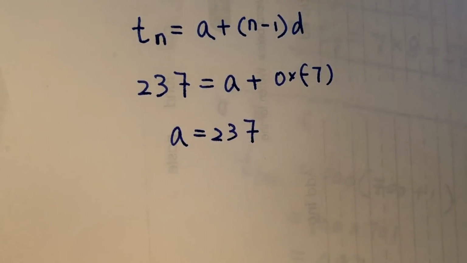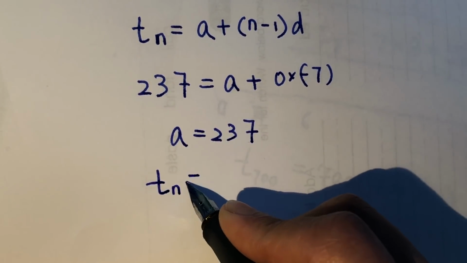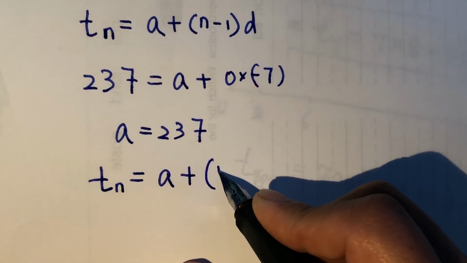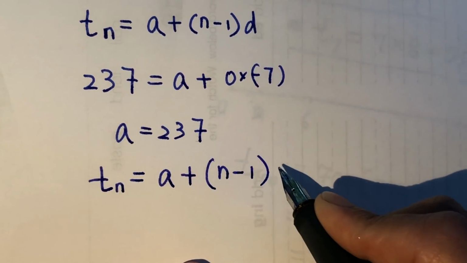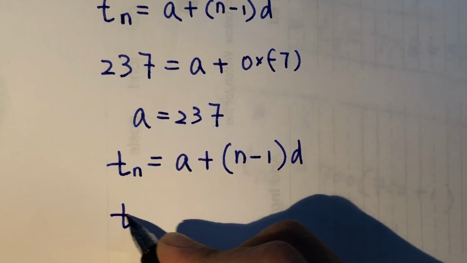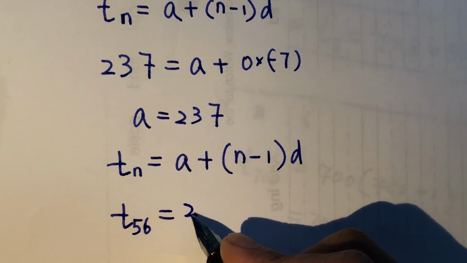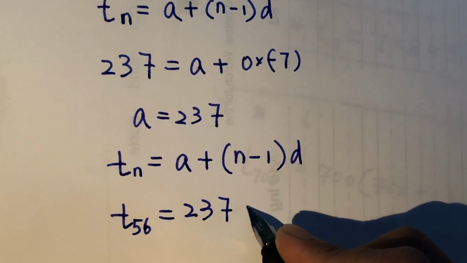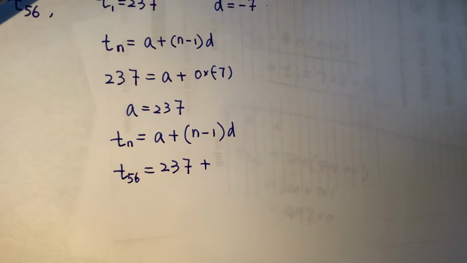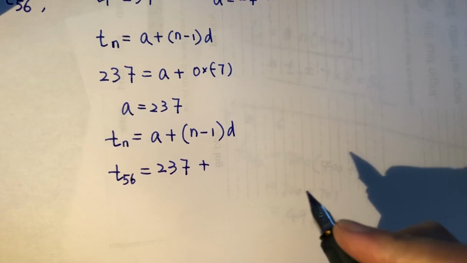So T1 is 237, and Tn equals a plus n minus 1 times d, still the same formula. T56 equals a, 237, plus n is 56. I put it a little bit smaller so that you can see the whole picture.